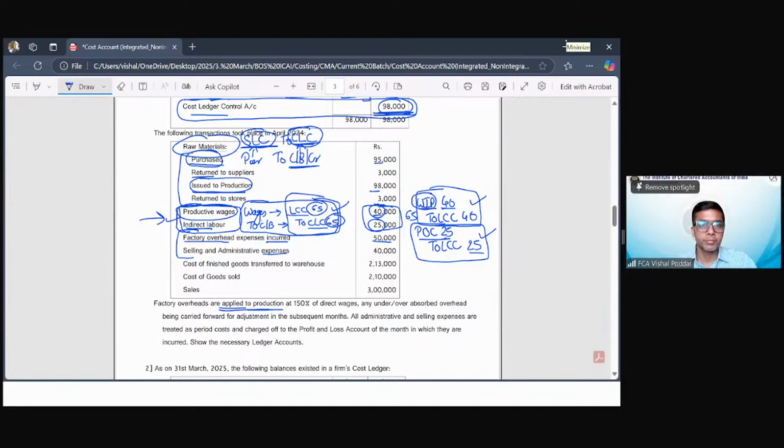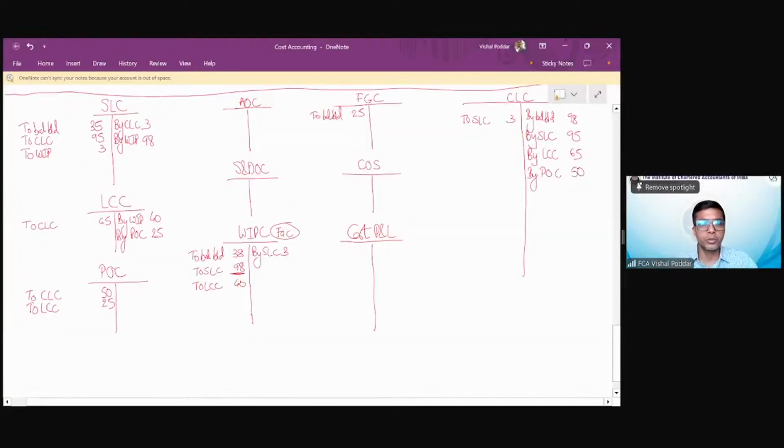Now here, they have combined the selling and administration account. So I will also combine it. So instead of having separate accounts for administration and selling, only for the purpose of this sum, I'm combining both these accounts because that is the requirement of this sum. So it is selling and administration overheads control. Okay.